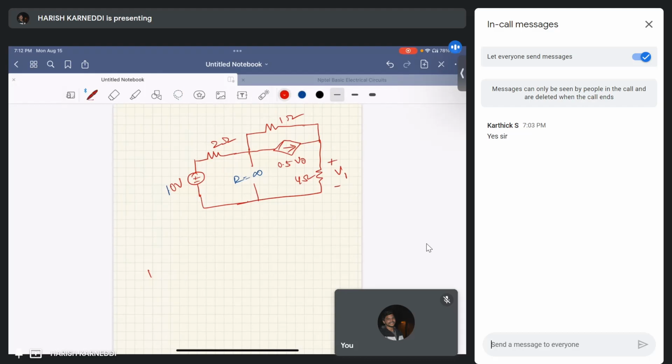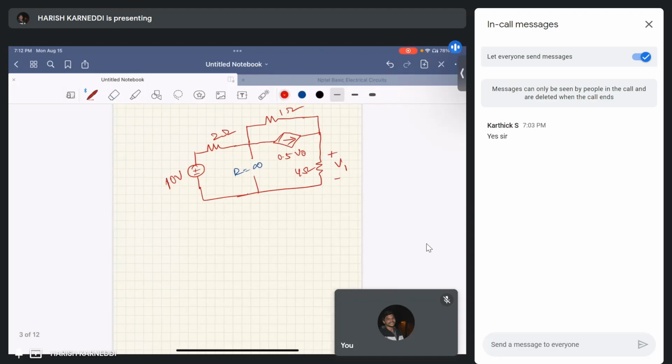This is 10 ohms. We need the source transformation technique. The source transformation technique is nothing but that a voltage source in series with a resistance can be transformed to a current source in parallel with a resistance, and vice versa.